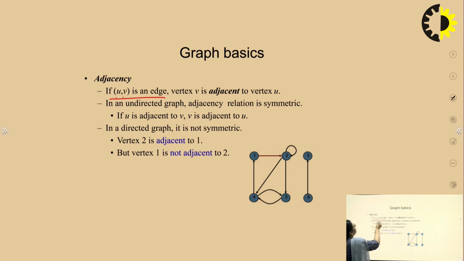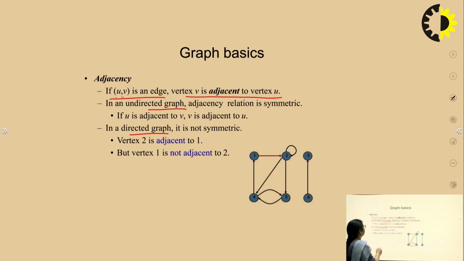So, if UV is an edge, it means we can move from U to V. So, when we can move from U to V, it means vertex V is adjacent to U, because there is one edge from U to V. In an undirected graph, what is there? The relation is symmetric. If U is adjacent to V, then V is also adjacent to U. But it is not so in directed graphs.